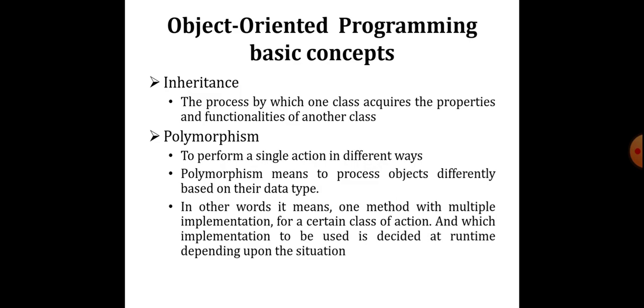Polymorphism means one process behaves differently based on its environment. In other words, one method can have multiple implementations for a certain class of action, and which implementation to use is decided at runtime or compile time depending on the situation.